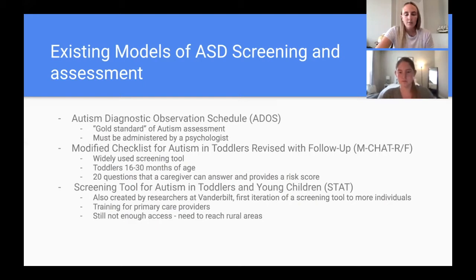But the researchers at Vanderbilt felt this was still not enough and that they needed to reach more rural areas. And to do so, they thought that they should create a virtual platform or a virtual system in providing diagnosis, which led to the creation of the TELE ASD PEDS.